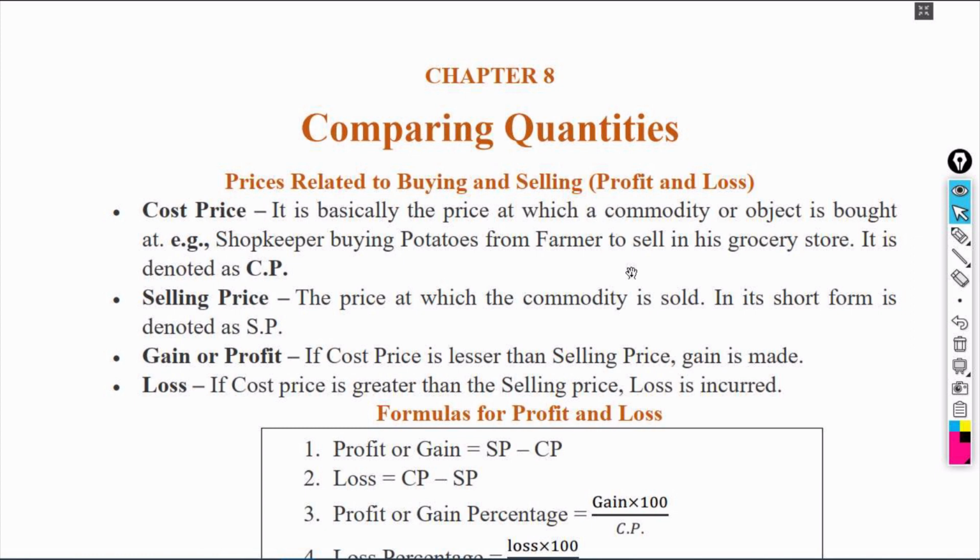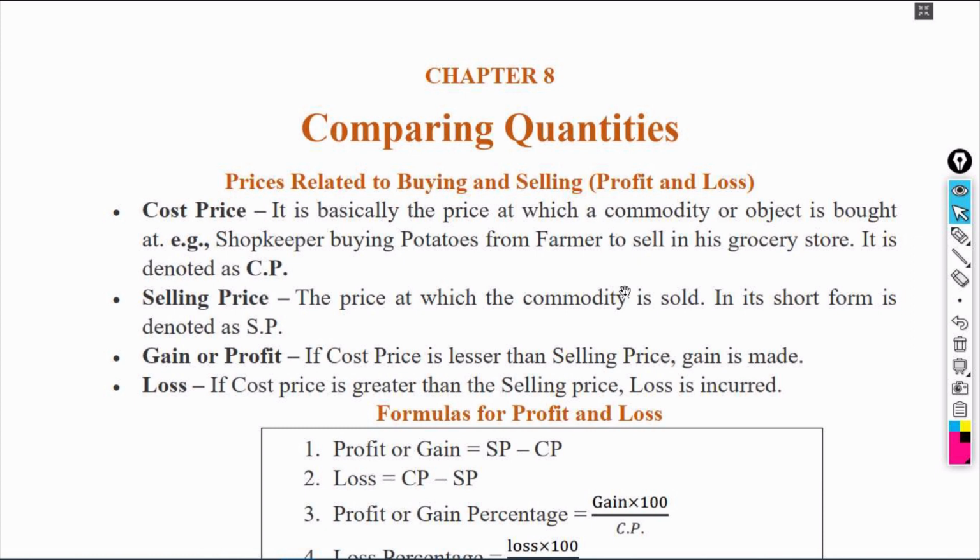And gain, when selling price is more than the cost price, then there is gain. In this transaction, suppose the shopkeeper purchases potato for rupees 20 per kg and sells it for rupees 25 per kg, then there is a gain, and that gain is rupees 5.